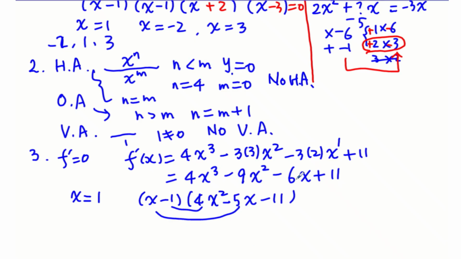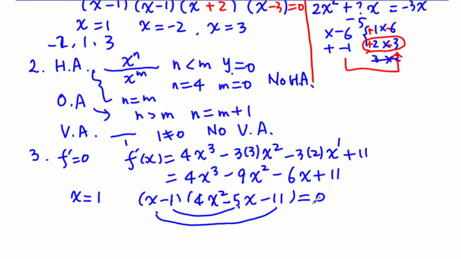Then double check the negative 6x term. For the x term, it will be minus 1 times negative 5, gives you positive 5. Then minus 11x gives you minus 6x. So it works.